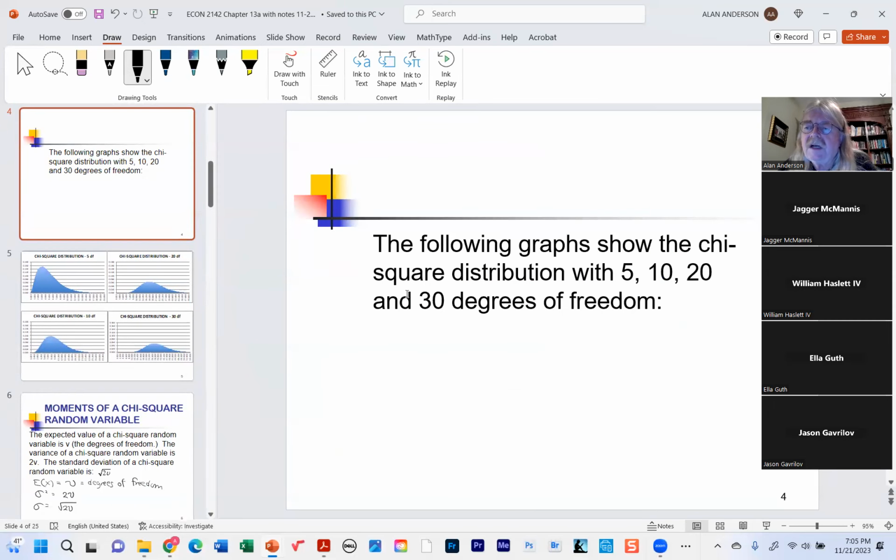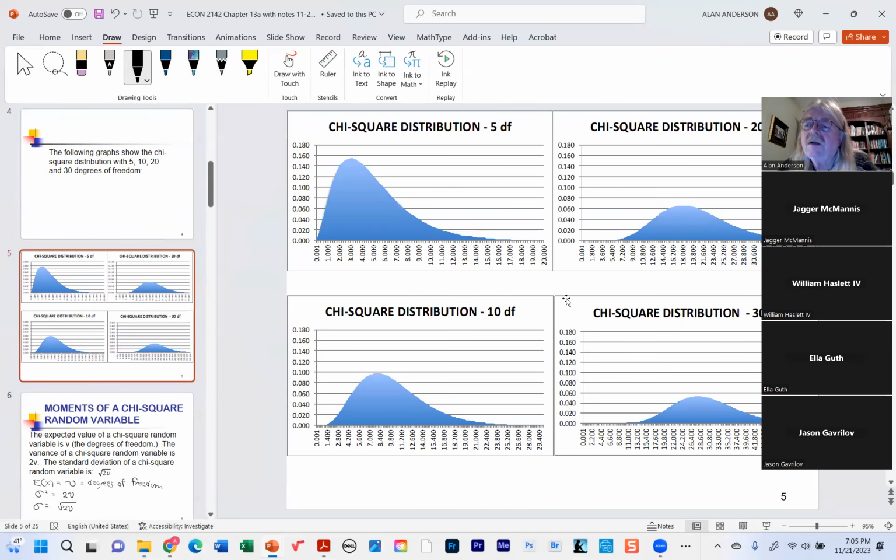The values of the chi-square distribution are typically quite a bit larger than with the standard normal and the t. In fact, if you look at these axes, you'll see down here in the bottom right-hand corner, for example, the number you see here is 55. It's not that unusual for the chi-square random variable to have very large numbers.